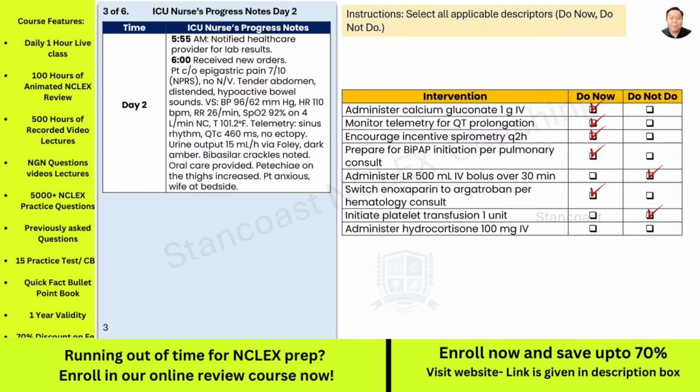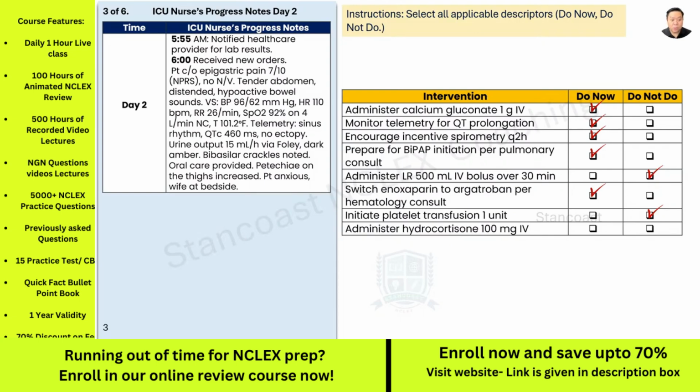Now, in heparin-induced thrombocytopenia, transfusion of platelets is also avoided unless there is life-threatening bleeding that can happen. And this is according to the American College of Chest Physicians guidelines due to thrombosis risks. And so only minor petechiae are present in this situation, and the argatroban will help address the heparin-induced thrombocytopenia.